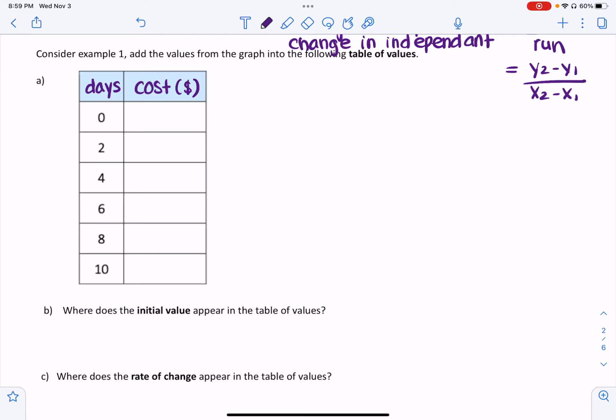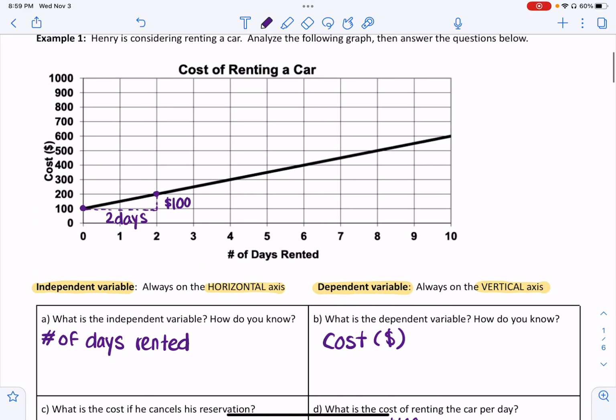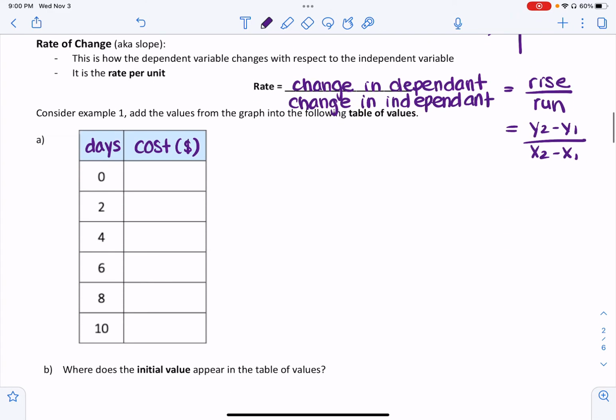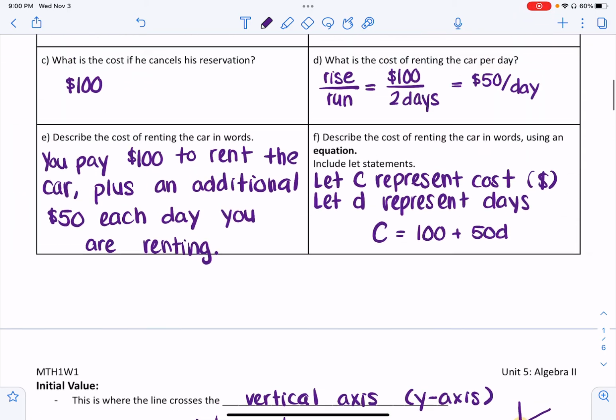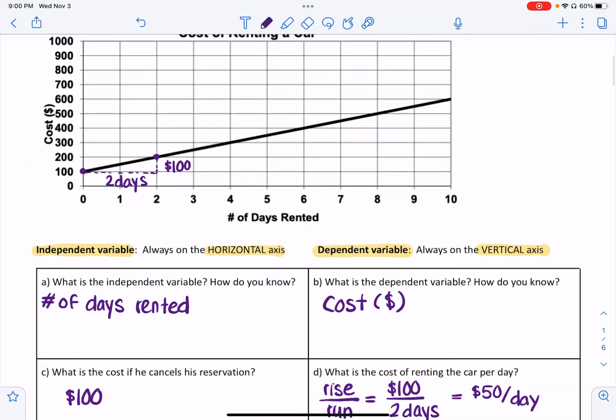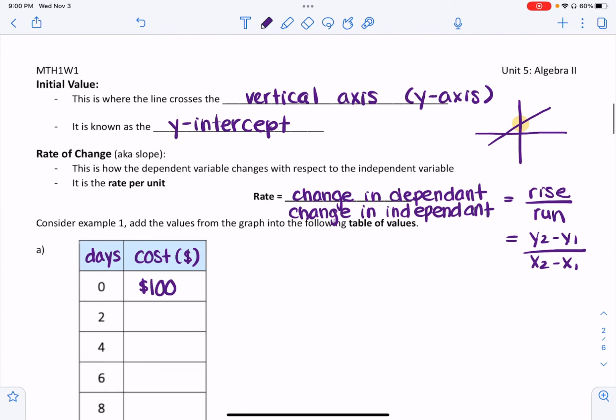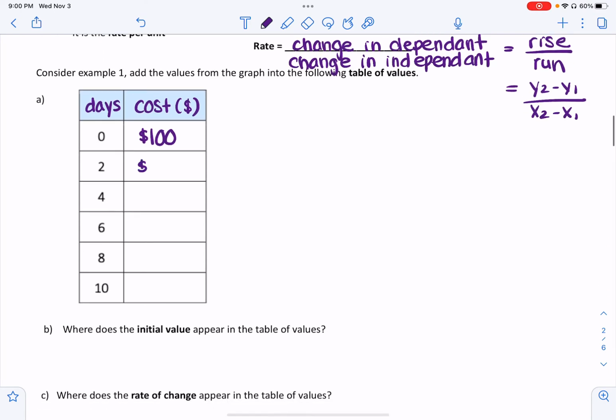If we go back up and look here, for 0 days, it costs $100. Now for 2 days, if I look up here, it is $200. So I can fill that in. This makes sense because it's $50 a day. So it was $150 after 1 day, $200 after 2 days.